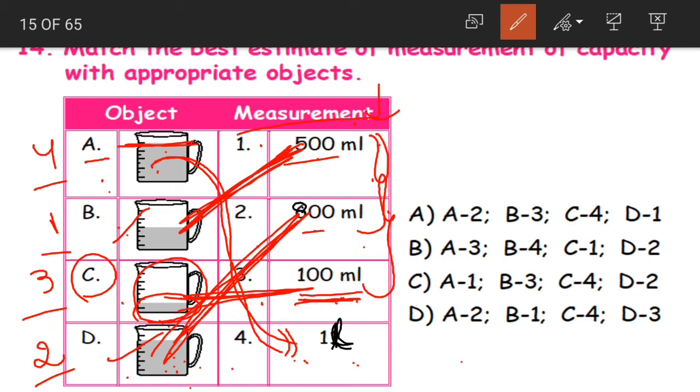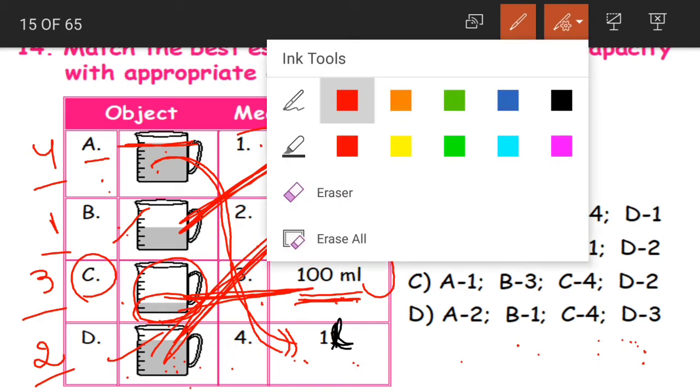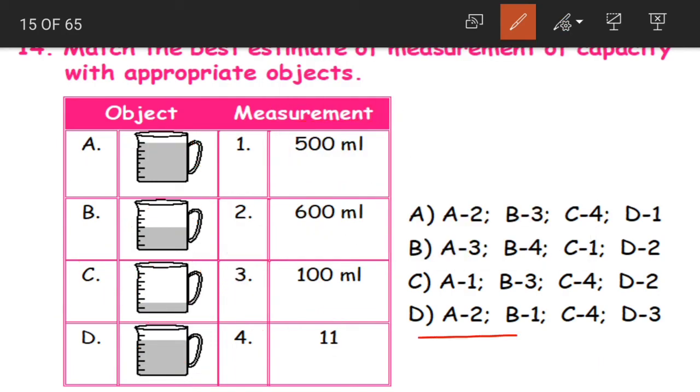4132. Where do we have it? We are not having 4132 in the given options here. Yes, sometimes a mistake like this might happen in the answers, children, but be confident. What is our answer here? A is 4. B is having half measurement, half full jug.